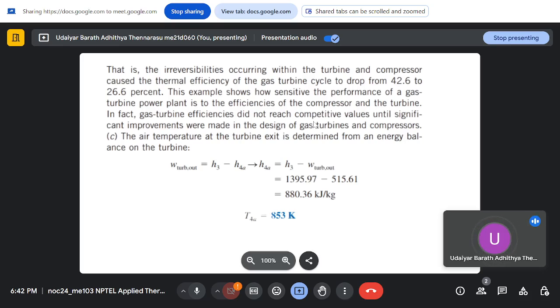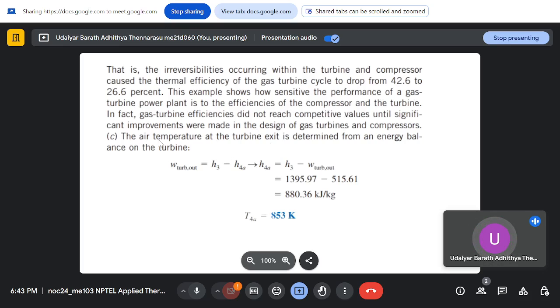This shows how sensitive the performance of the gas turbine plant is to the efficiency of compressor and turbine. The gas turbine efficiency will not reach the ideal value unless the turbine and compressor are made much more efficient.